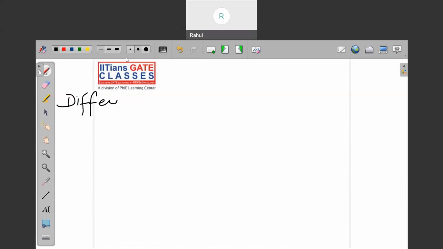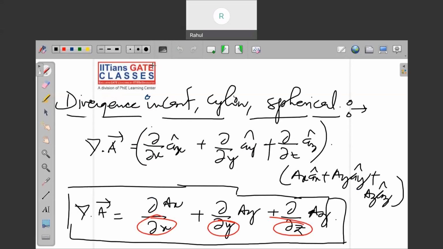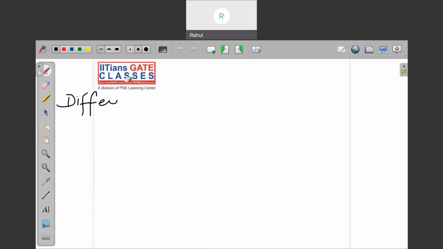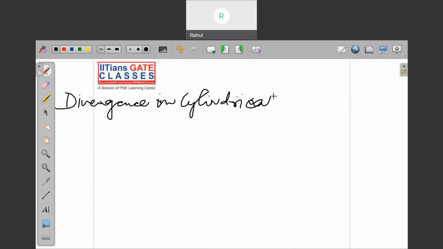Now we will discuss the divergence in cylindrical coordinate system.